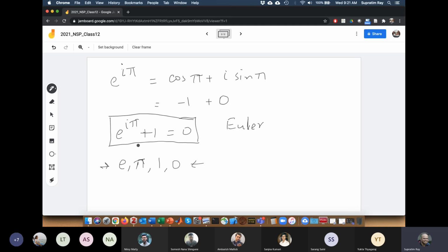There is such an elegant, such a beautiful relationship between these very different fundamental numbers, 0, 1, e and pi, that this relationship which links them together is the most beautiful thing they can think of.